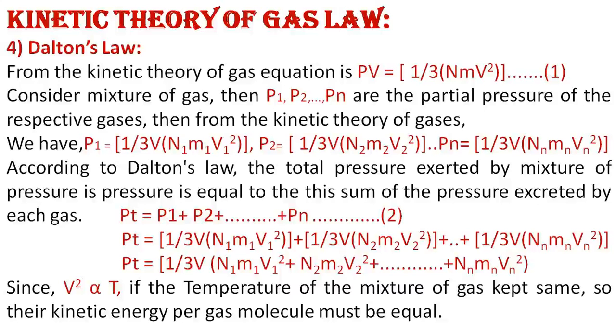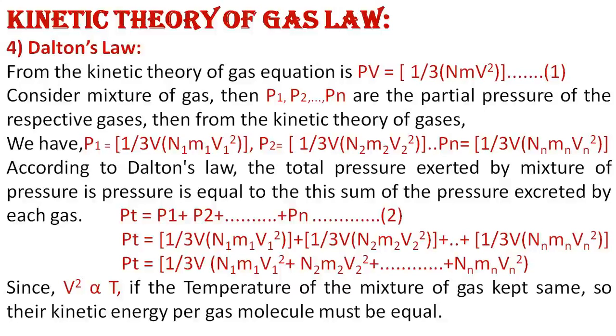Then from the kinetic theory of gases, we have P1 is equal to 1 by 3V N1 m1 v1 square, and the same for P2, 1 by 3V N2 m2 v2 square, up to 1 by 3V Nn mn vn square.